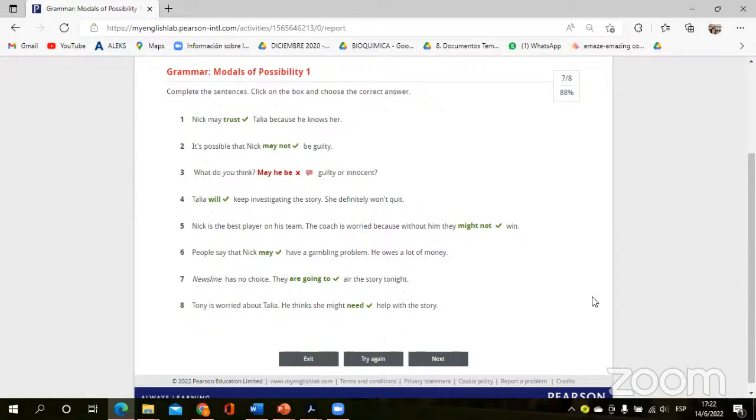Because if we say may he be, puede ser culpable o inocente, puede tener sentido en Spanish, yes, but following the structures, we say that may we can use just in affirmatives and negatives. For questions in possibilities, we use just could, right? So that is impossible. Let's do it.